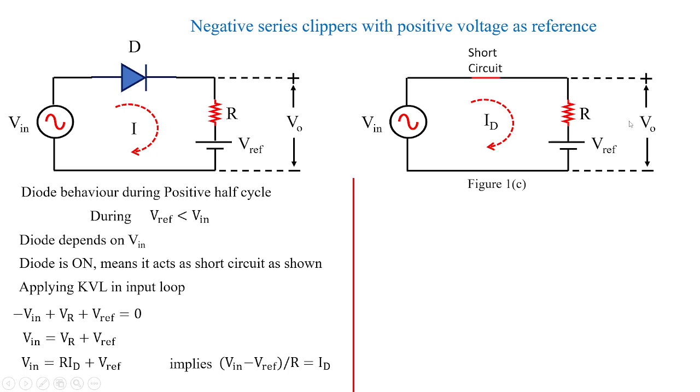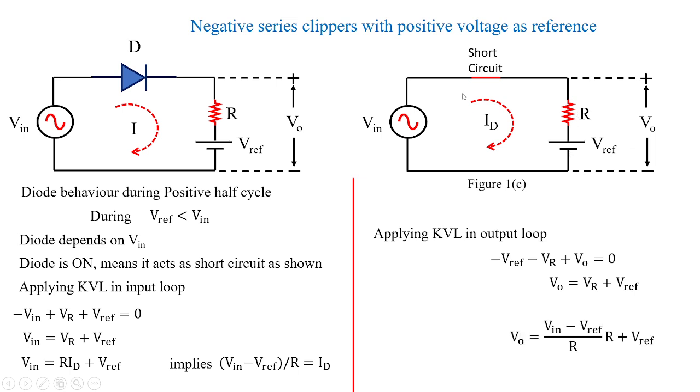When you take the output voltage, it is a combination of the resistor voltage plus the reference voltage, as you can see from this diagram. Now substitute the value of the resistor voltage, which is the resistor multiplied by the diode current, (V in minus V reference) by R. This makes the resistor cancel and the reference voltage also cancel.